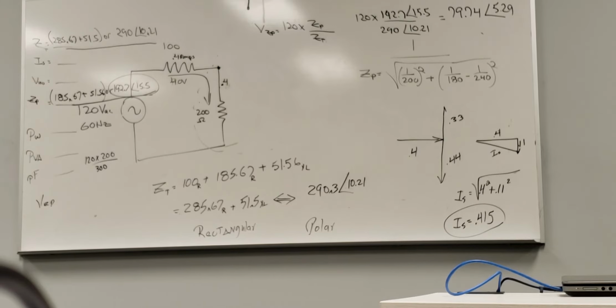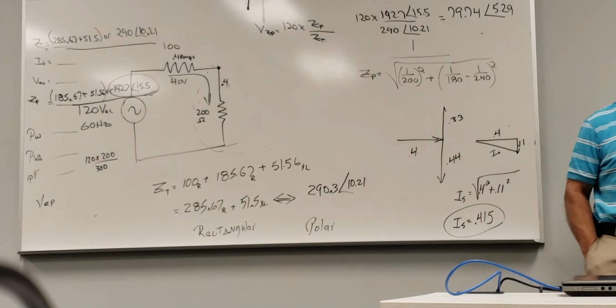So it's going to draw its current from the source. It's when the two are equal that they supply each other's current. It's a little confusing to look at the results and say, well, doggone, I know I've got capacitive current, I've got inductive current, how come I'm not drawing any more from the source? Because the two are supplying each other.